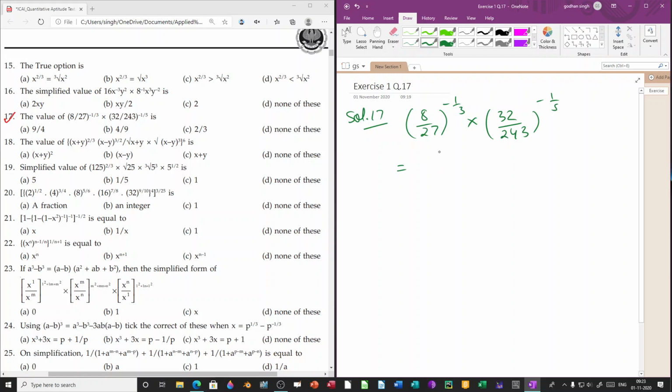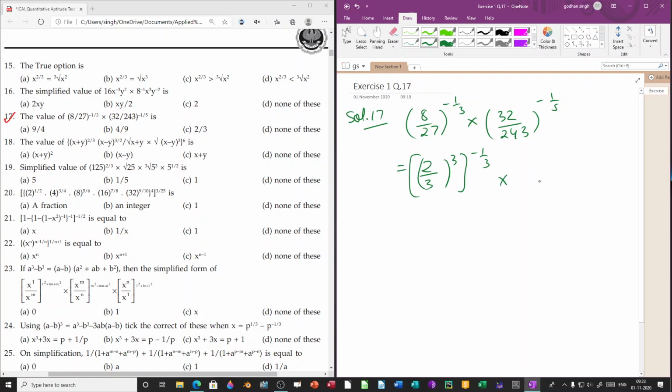Now if you do the prime factorization of 8, we will be getting 2 cube, and the prime factorization of 27 will give us 3 cube. So this will become (2/3) whole cube, and outside the power is minus 1/3, multiplied by.